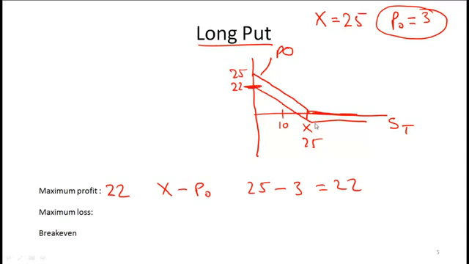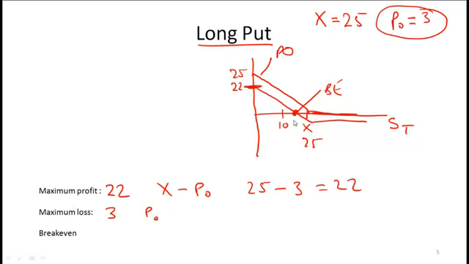What's our maximum possible loss? The maximum possible loss is our option premium, which here is 3. So P0 is the maximum possible loss. What's the break-even point? Notice that when the stock price is at 22, the payoff on the put is 3, but 3 is how much we paid for the put option.